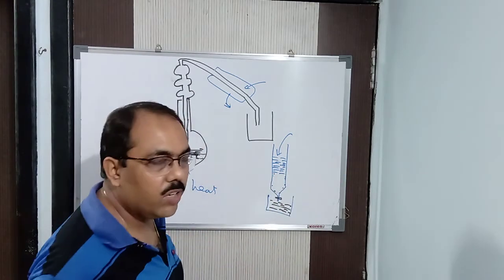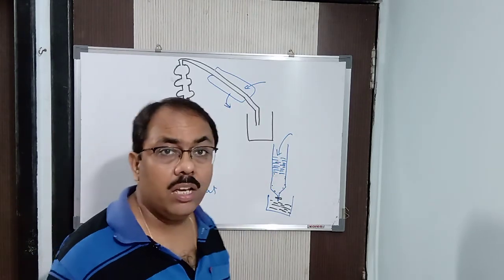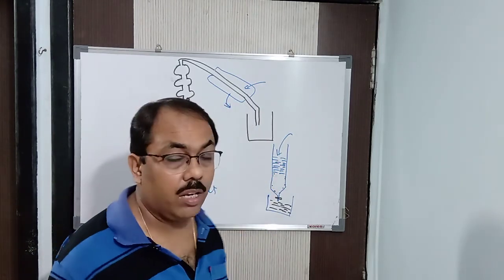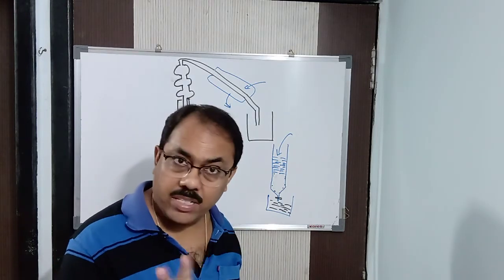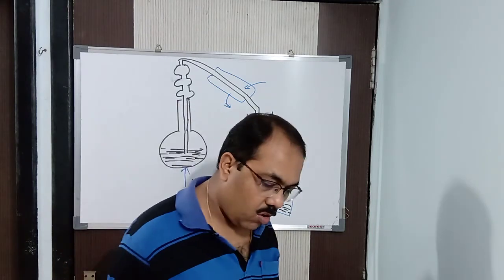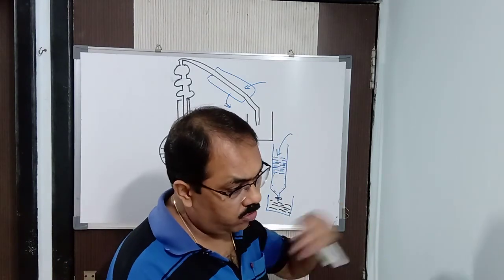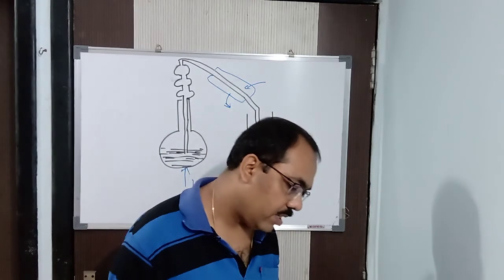That's it. In this way, you can separate two immiscible liquids by using a separating funnel. But remember, the liquids should be immiscible and should differ in densities. As I have taken oil and water, oil is lighter than water, so oil floats upon water, and hence we can separate the two immiscible liquids.